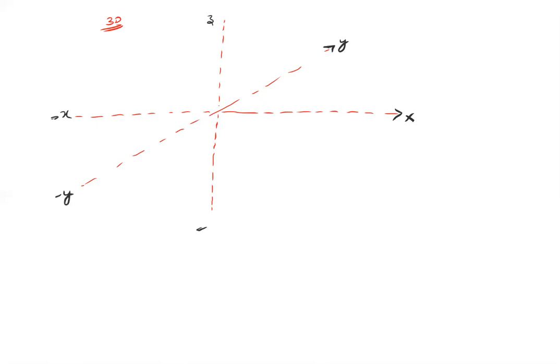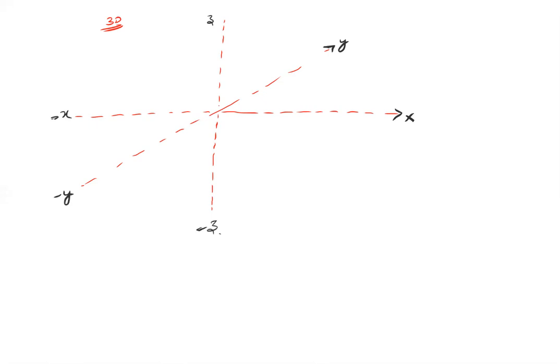So in 3D, what you have are octants. On the top layer, you will have 4 octants. In the bottom layer, you will have 4 octants. So this is your X, this is your Y, this is your Z, this is your negative X, this is your negative Y, this is your negative Z.